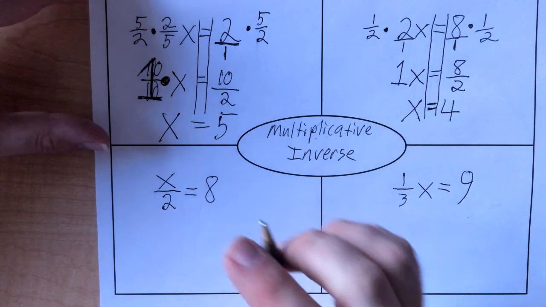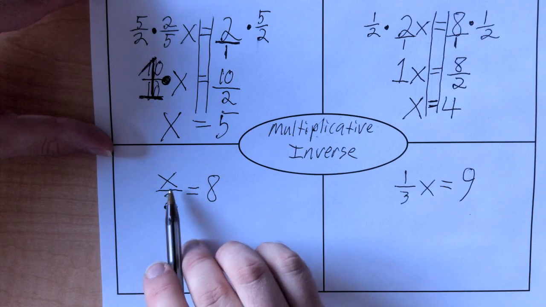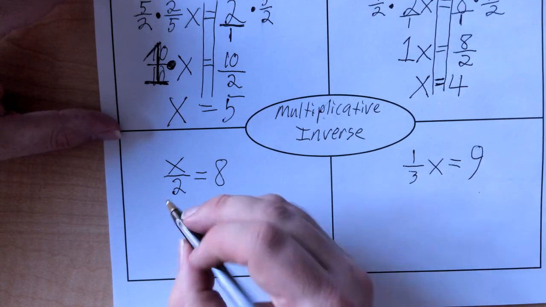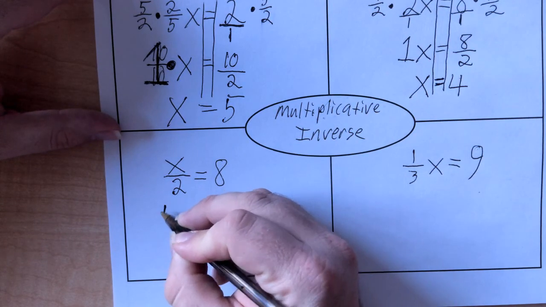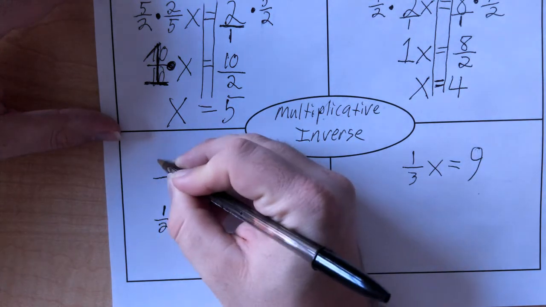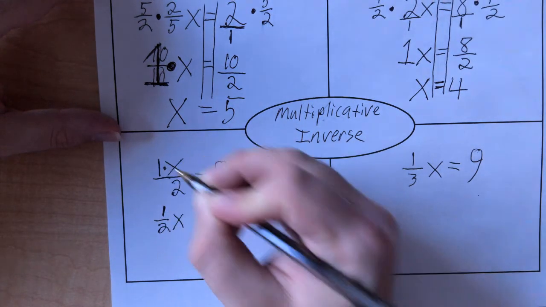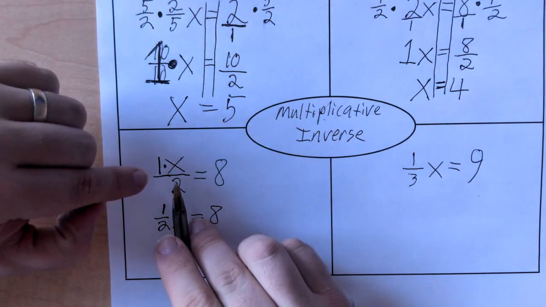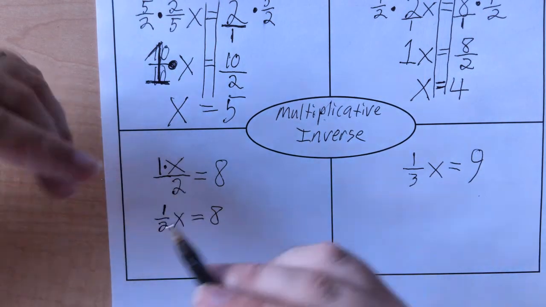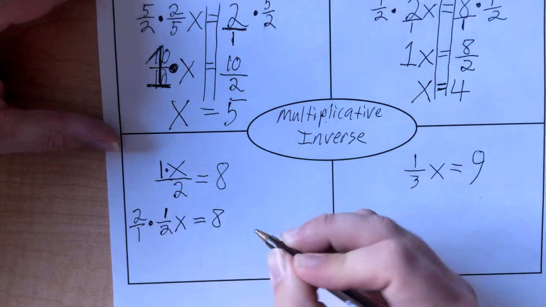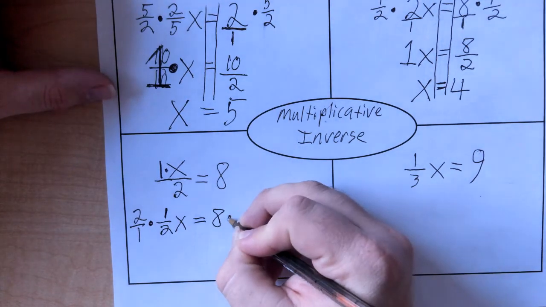All right. Now, here I see x is divided by 2, right? That is the same thing as saying if I had a 1/2 x, right? Because again, I could always think of this as a 1x, that invisible 1, right? So if you're dividing by a number, we're still going to multiply by the reciprocal, which in this case is 2 over 1.